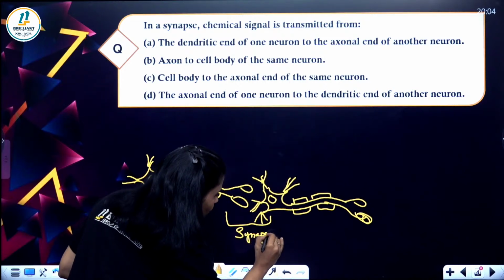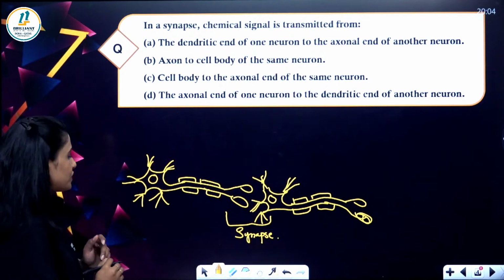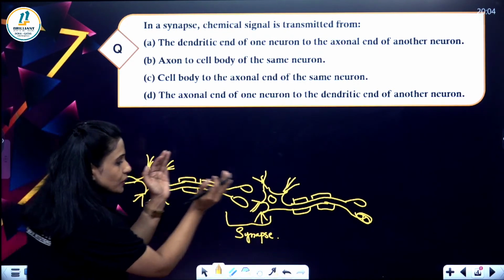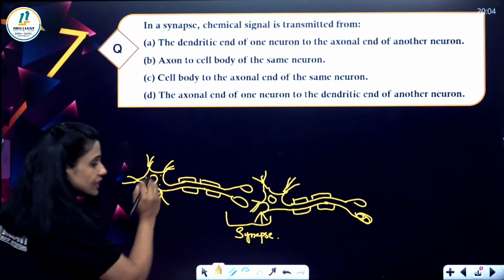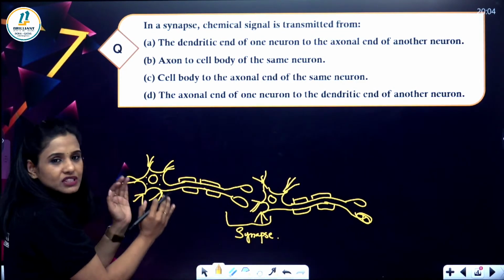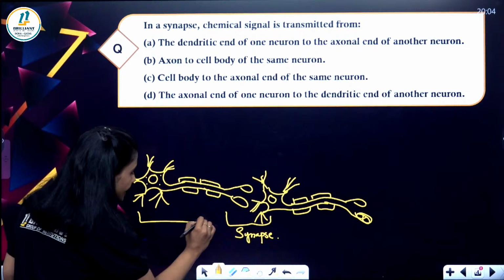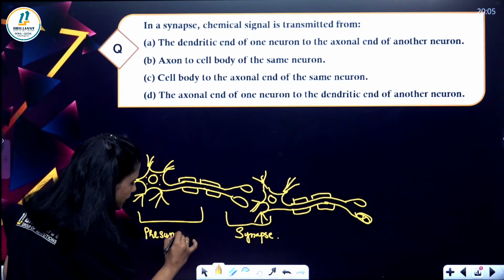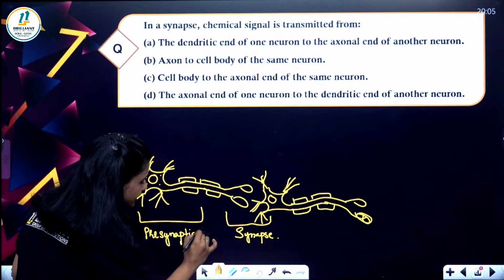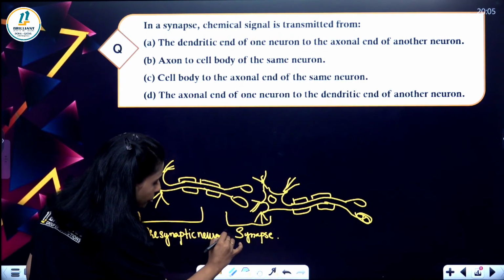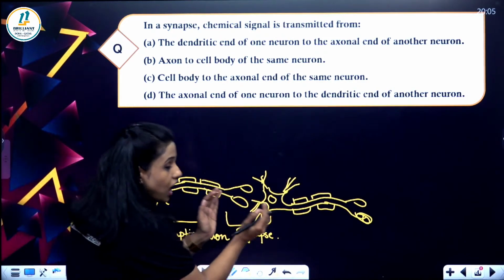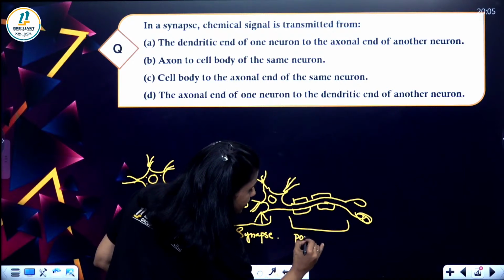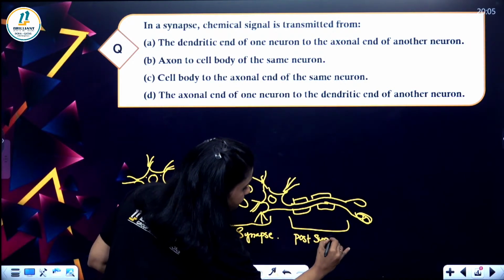Before the synapse, the neuron is the presynaptic neuron. Then after the synapse, the neuron is the postsynaptic neuron.